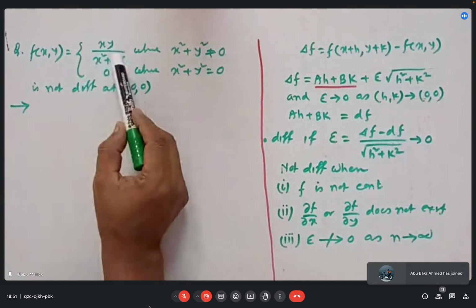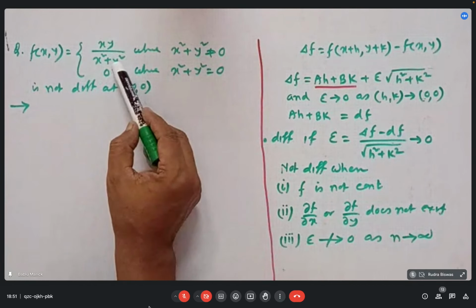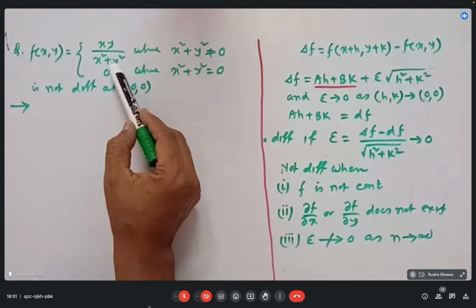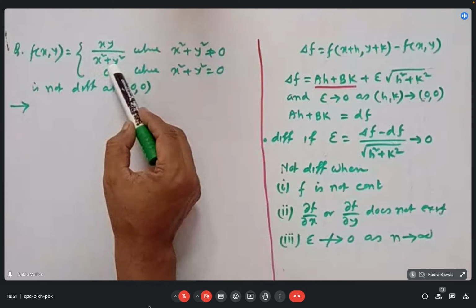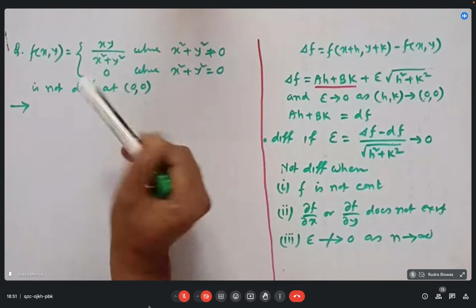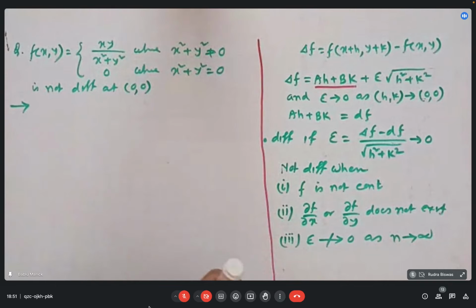Look, this function is a homogeneous function. So if I choose the path y is equal to mx, we can show that it is not continuous, and the limit does not exist. Actually, limit does not exist means not continuous.